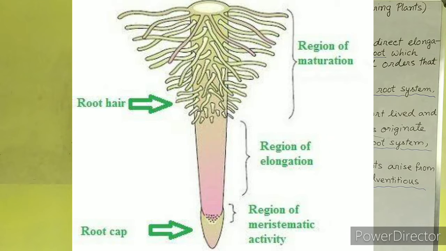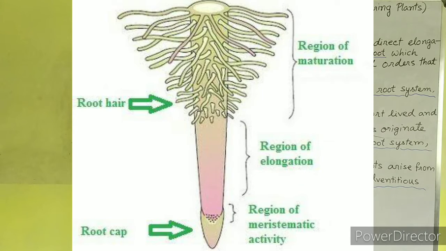The cells of the elongation zone gradually differentiate and mature. Hence, this zone proximal to the region of elongation, that is situated near the region of elongation, is called the region of maturation.